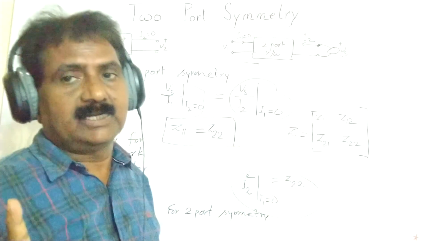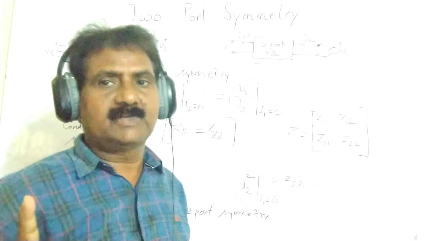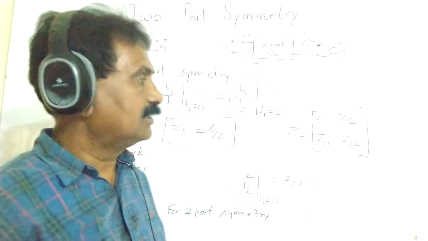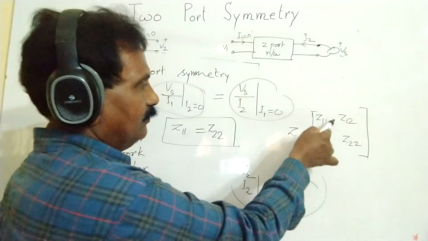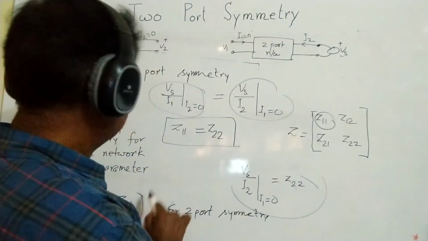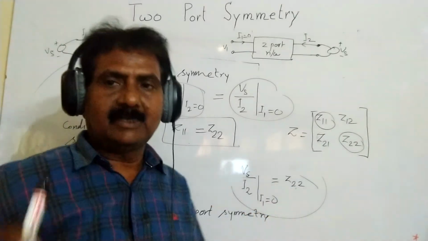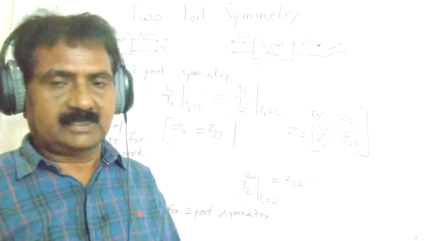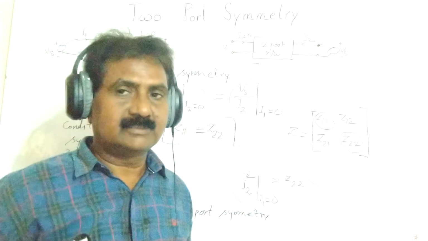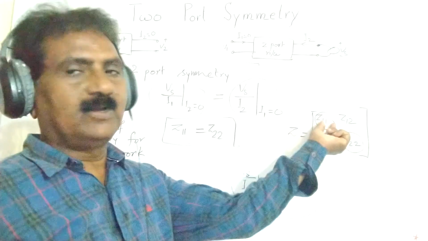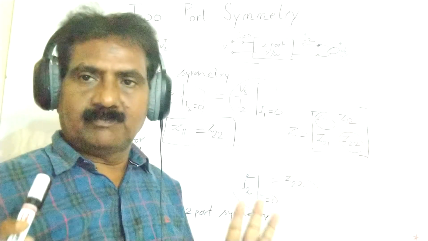If in any numerical the condition given is that the two-port network is symmetrical, then we will take Z11 equal to Z22. As soon as it is given in a numerical that our two-port network is symmetrical, for Z parameter, we will take this value and this value as equal. Are you getting it?